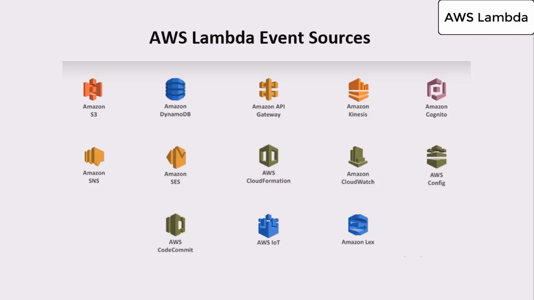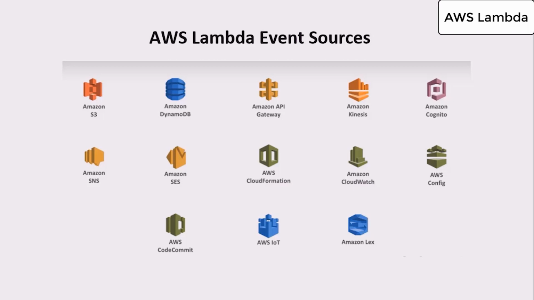Similarly, if you talk about CloudWatch, if some alert is generated in CloudWatch, it can trigger the Lambda function to perform some activity. Suppose you have 10 servers and one of the servers goes down. CloudWatch can trigger the Lambda function to create a new EC2 instance.